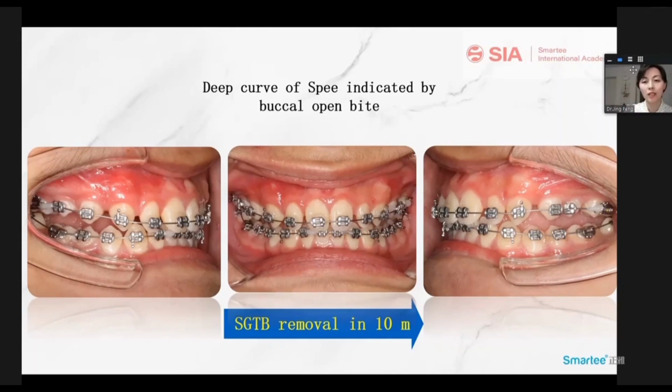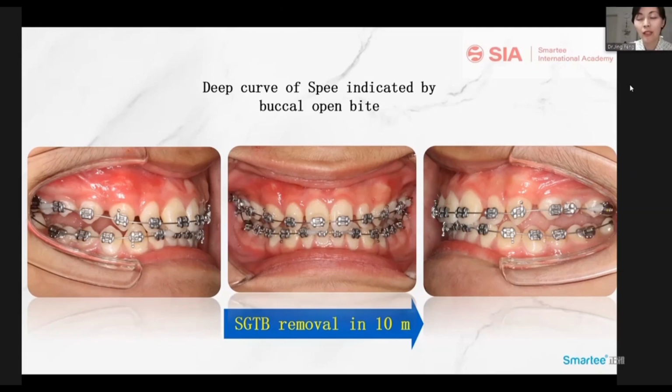This is not the fault of the SGTB, but the fault of the deep curve of Spee, because we move the lower jaw forward and expose the deep curve of Spee at the buccal segment. But don't worry, we can close this open bite by extruding the lower molar and the upper molar together. It will be very easy to fix.